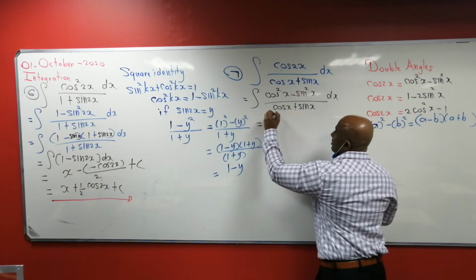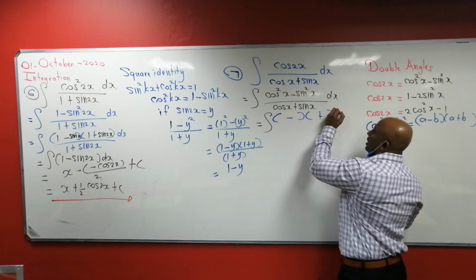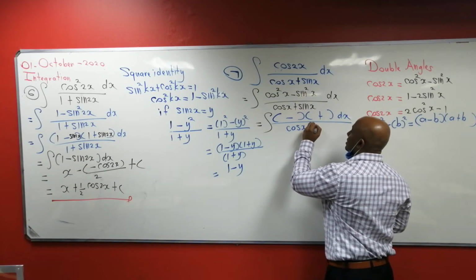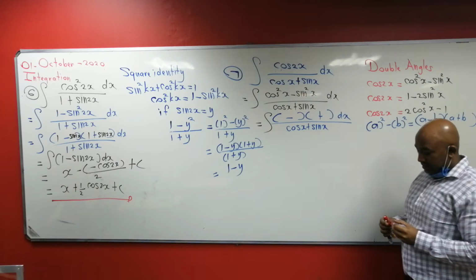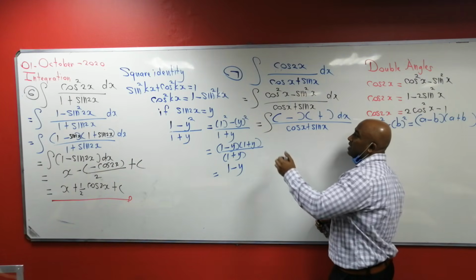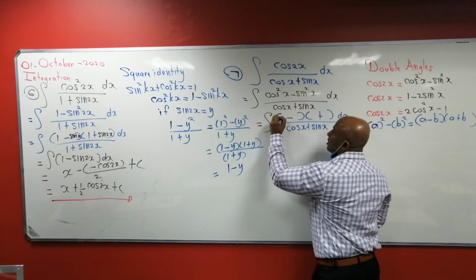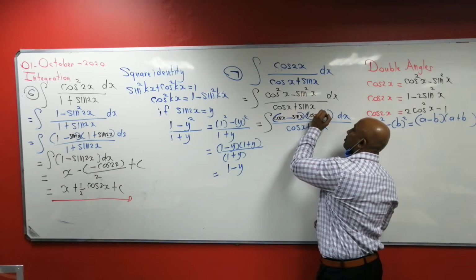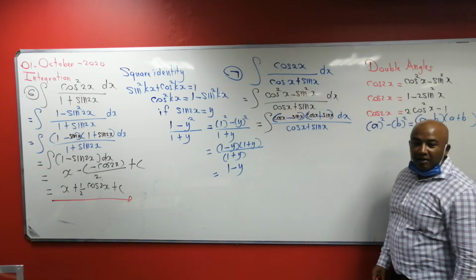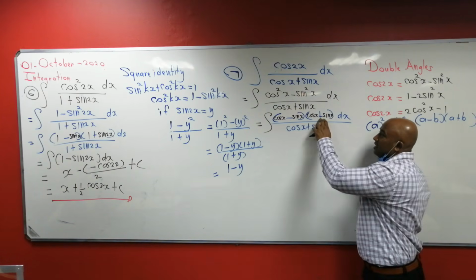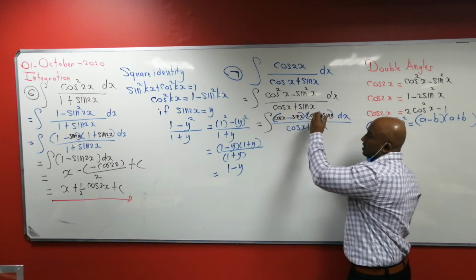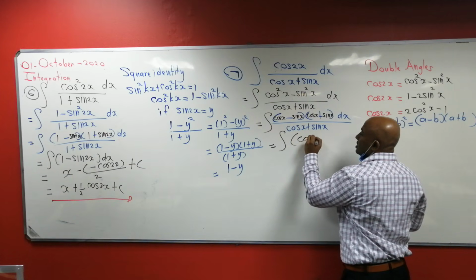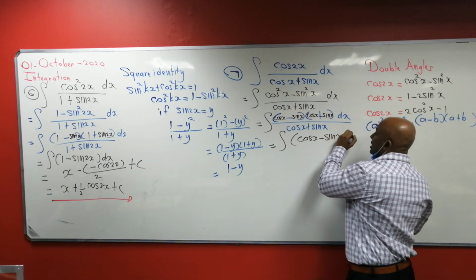So I will factorize the numerator. That will be cos x minus sin x, cos x plus sin x, all divided by cos x plus sin x. Now we can see that cos plus sine and cos plus sine will cancel. So what remains is just cos x minus sin x.